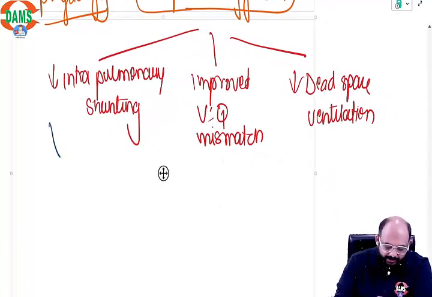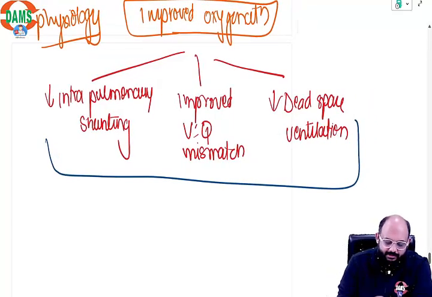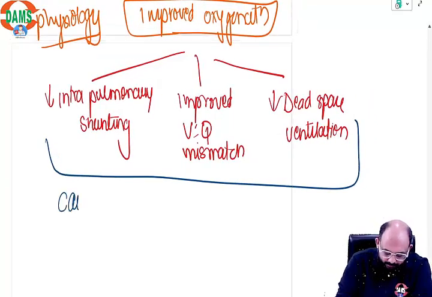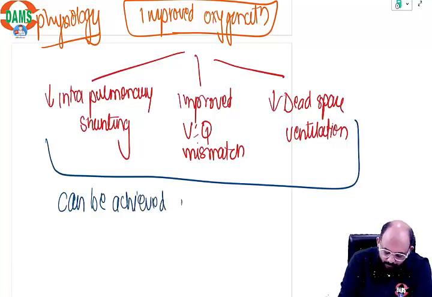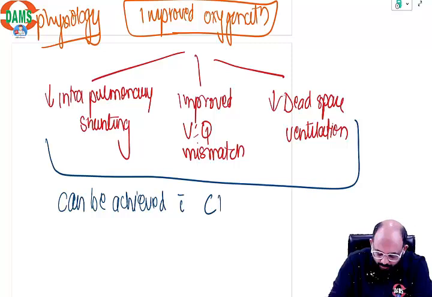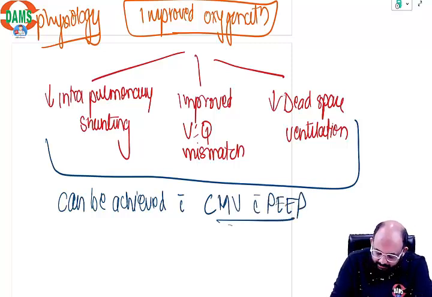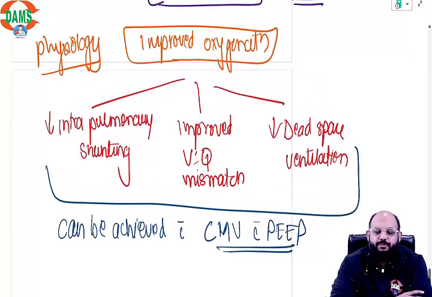But the unique thing is that all these 3 things can be achieved with normal controlled mechanical ventilation with PEEP. So it is not something that is unique to inverse ratio ventilation.